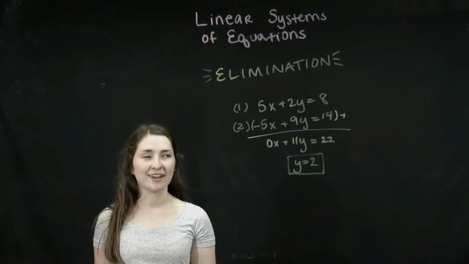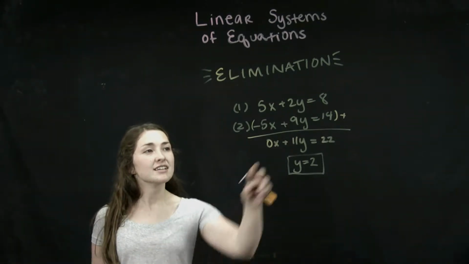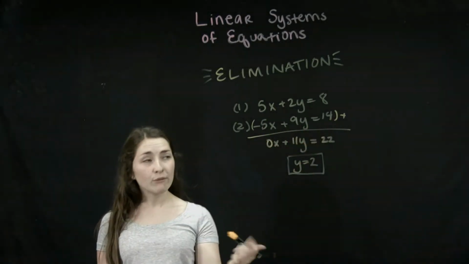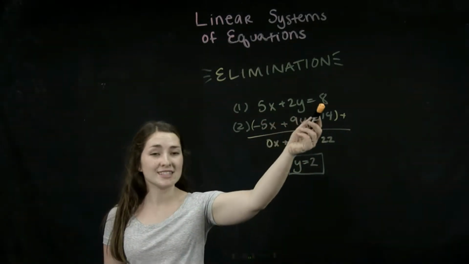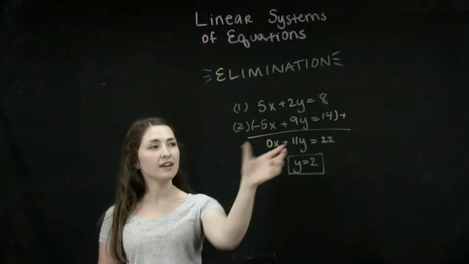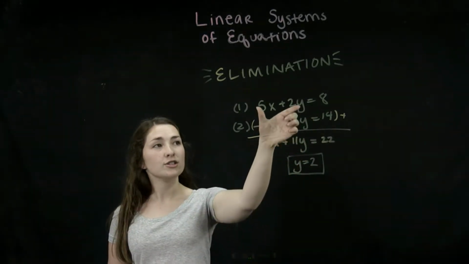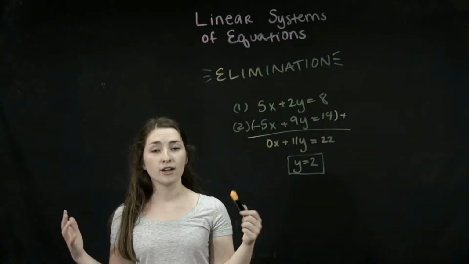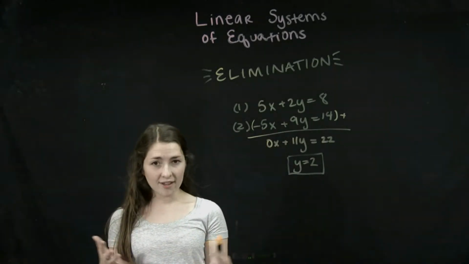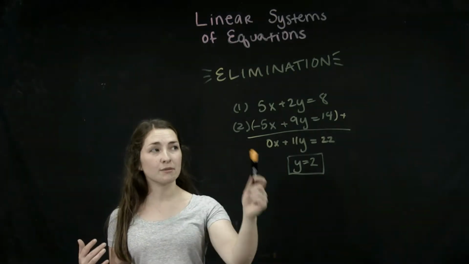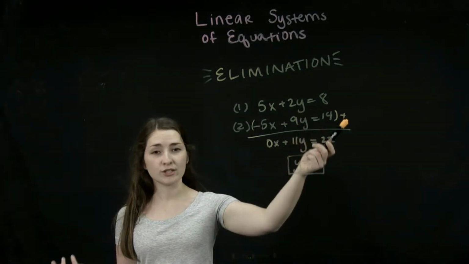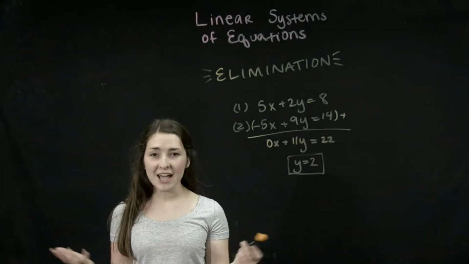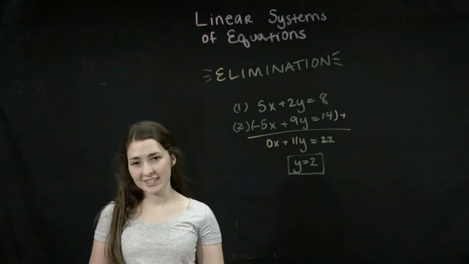A lot of equals in there, but basically what it's saying is, since we know negative 5x plus 9y equals 14, and we know 5x plus 2y is equal to 8, when we add negative 5x plus 9y to 5x plus 2y, we know that their sum is going to be equal to what these two are equal to individually. So 8 plus 14. So that's how we know that we can just add two equations together.